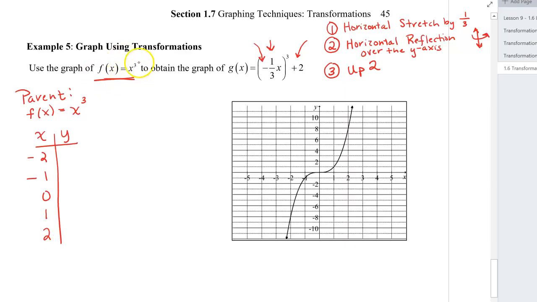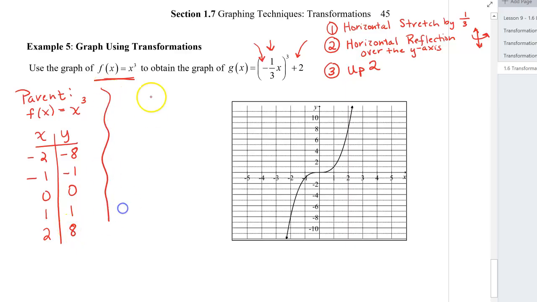Then we're going to plug them into our parent function. Remember, we're not plugging into here, we're plugging into our parent function. So -2 to the third power is -8. -1 to the third power is -1. 0 to the third power is 0. 1 to the third power is 1, and 2 to the third power is 8.